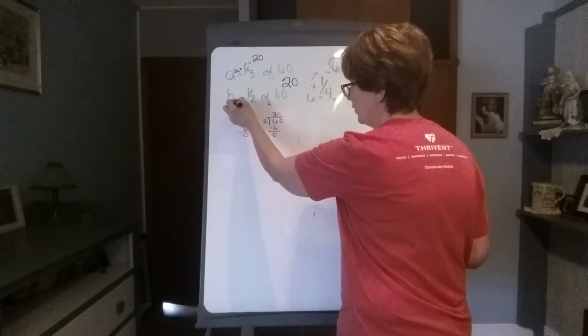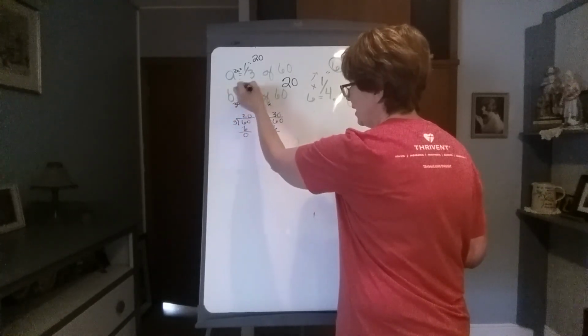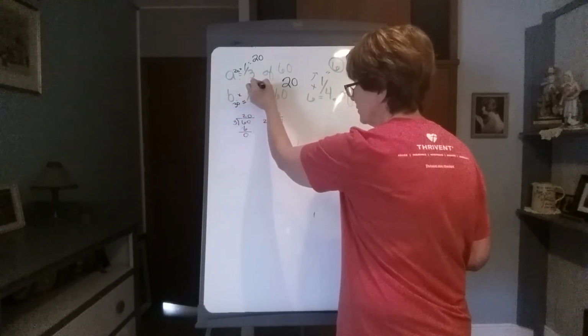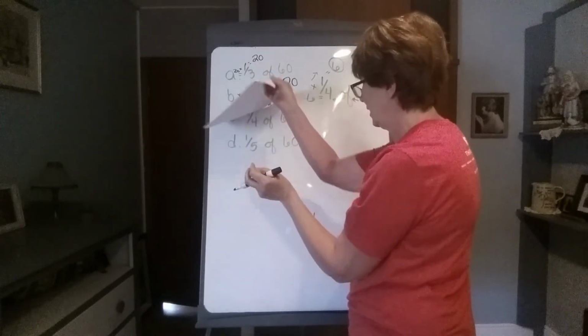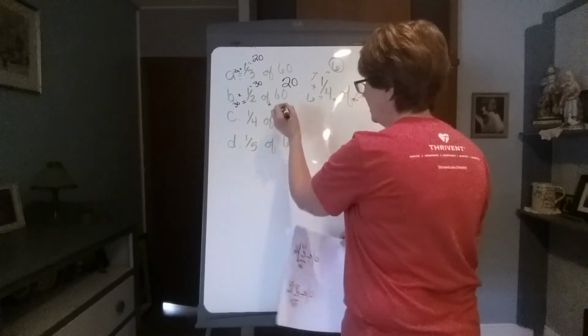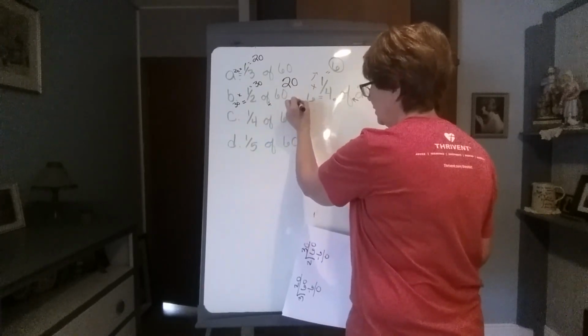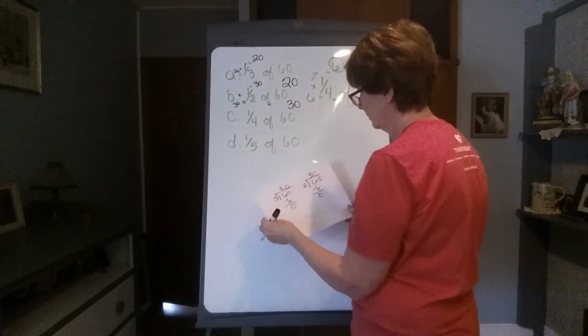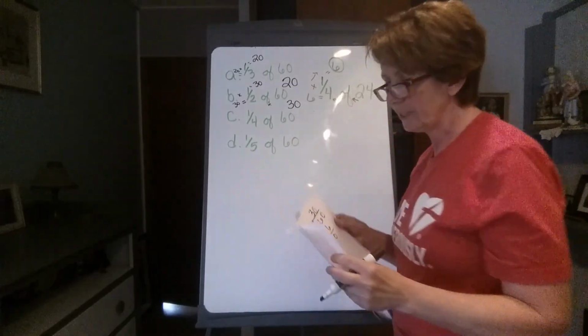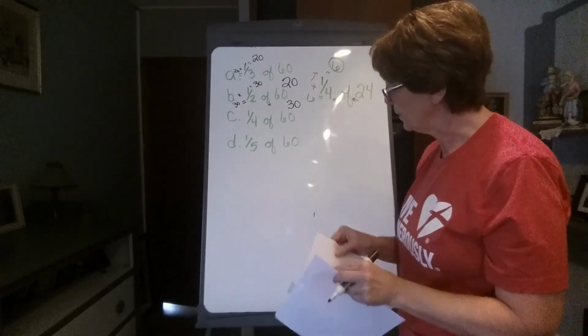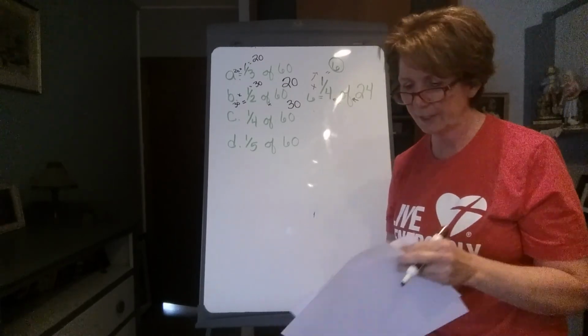Did you come up with 30? So then now 30 times 1 equals 30. So 1/2 of 60 is 30.